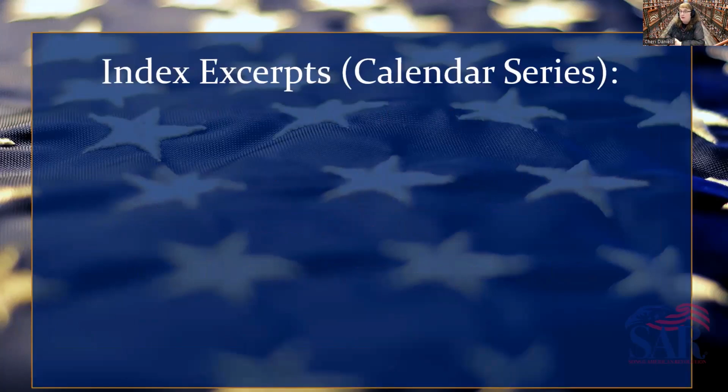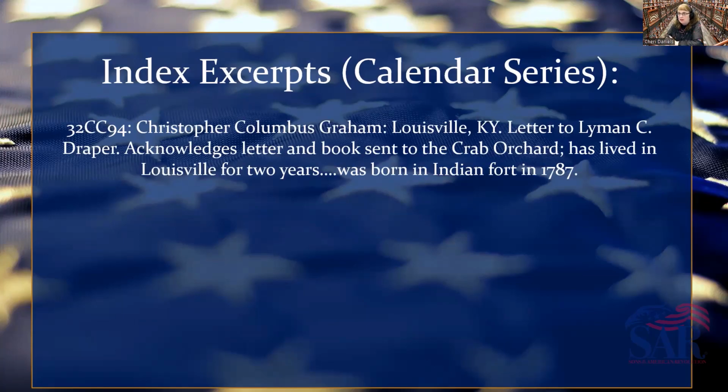All right, so remember I was telling you about the calendar series. This is what the entries look like in the calendar series books. So you go to the index, you find the person's name that you want to know more about, you turn to the page number that it gives you, and then you have to look through that page to see if you can find that person, because you're going to see multiple entries that look just like this.